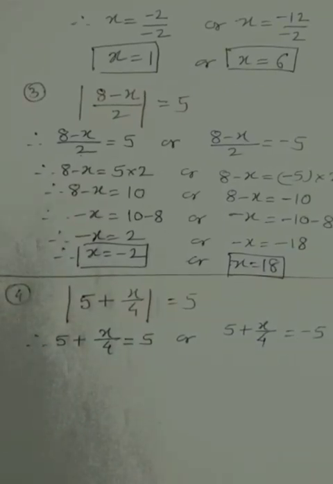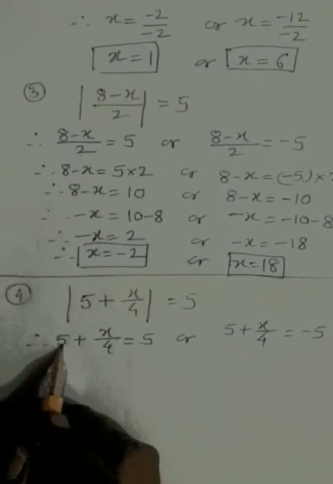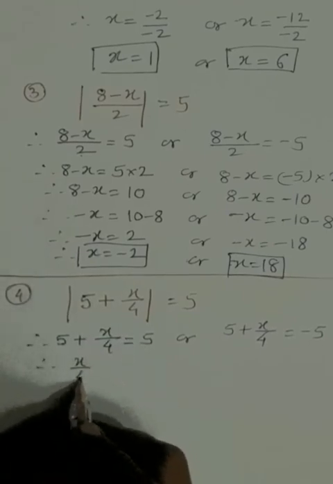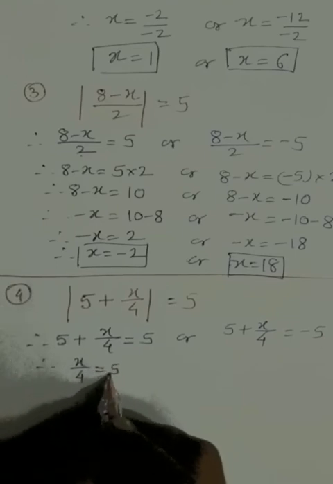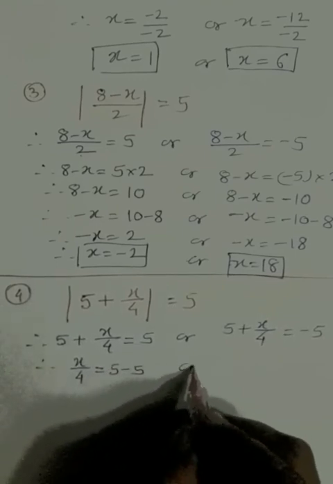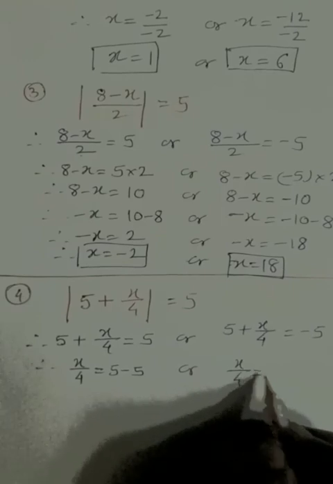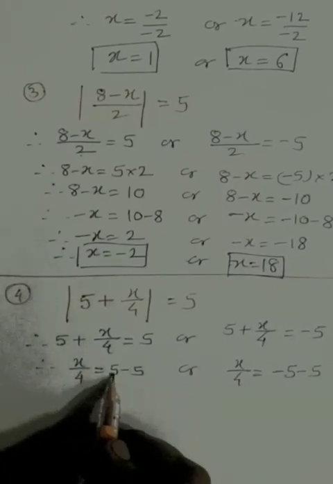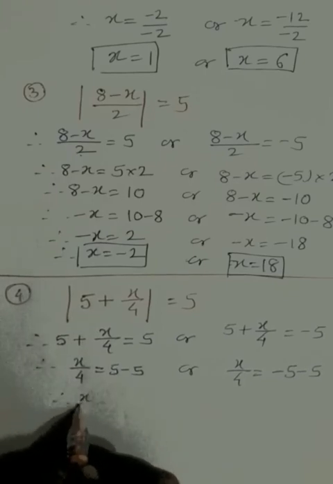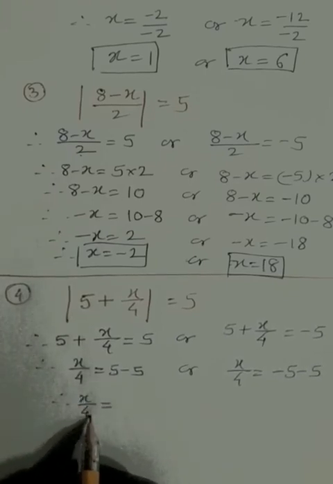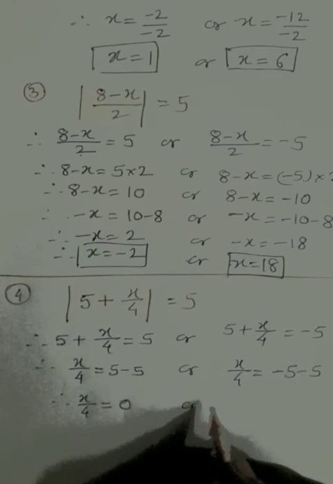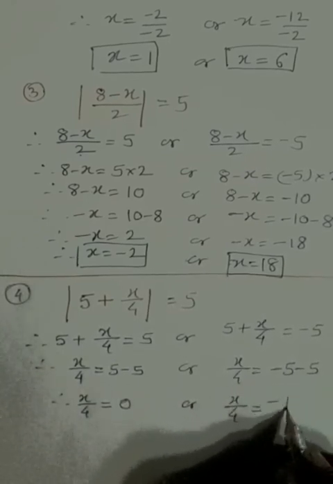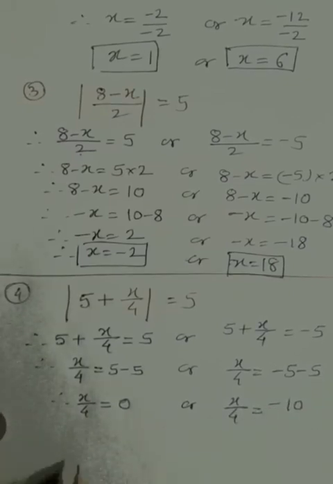Now we simplify it. When this 5 is transferred to the right side it will become minus, means negative 5 minus 5, or x upon 4 is equal to negative 5 minus 5. 5 minus 5 is 0, means for the first, x upon 4 is equal to 0, or x upon 4 is equal to minus 5 minus 5, minus 10.